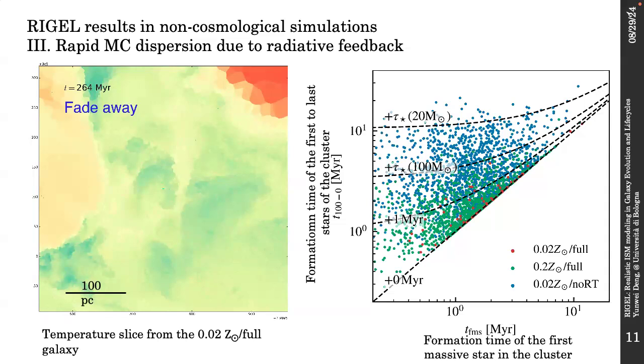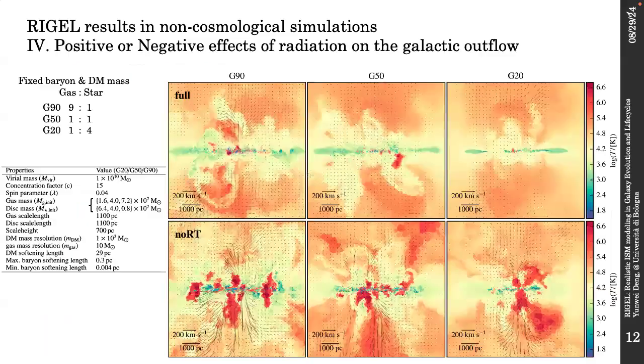You can see for the full feedback runs, the difference of these two times is within 1 megayear, which means that the formation of massive stars can rapidly stop further star formation because it has already dispersed the GMC, whereas it's not true for the blue dots, the non-RT runs, because they need to wait for the supernova explosion.